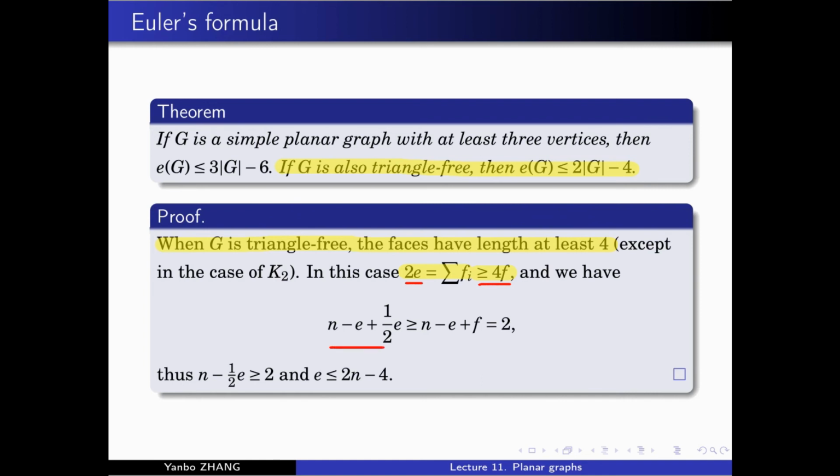We have n minus e plus a half of e greater than or equal to n minus e plus f, because a half of e is greater than or equal to f. n minus e plus f equals 2. So we have n minus a half of e greater than or equal to 2. That is, e is less than or equal to 2n minus 4. Our proof is done.